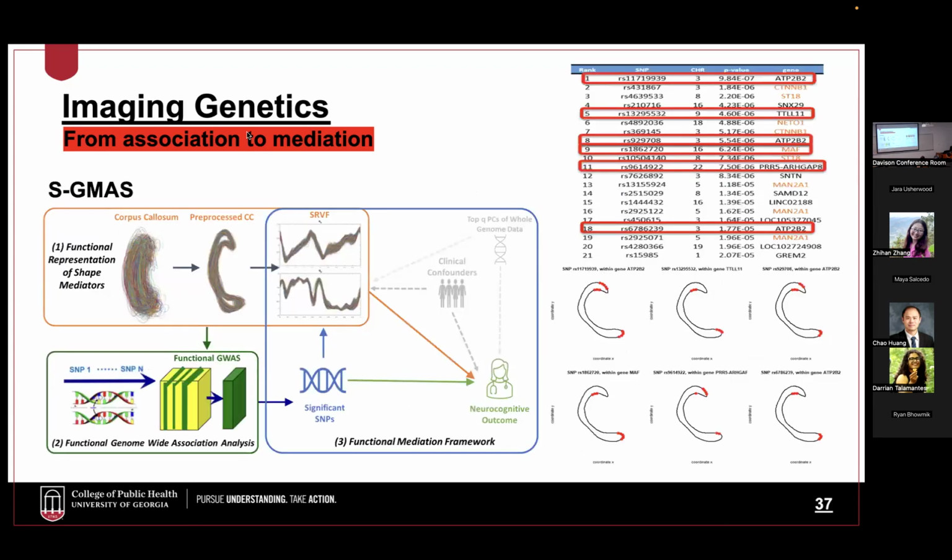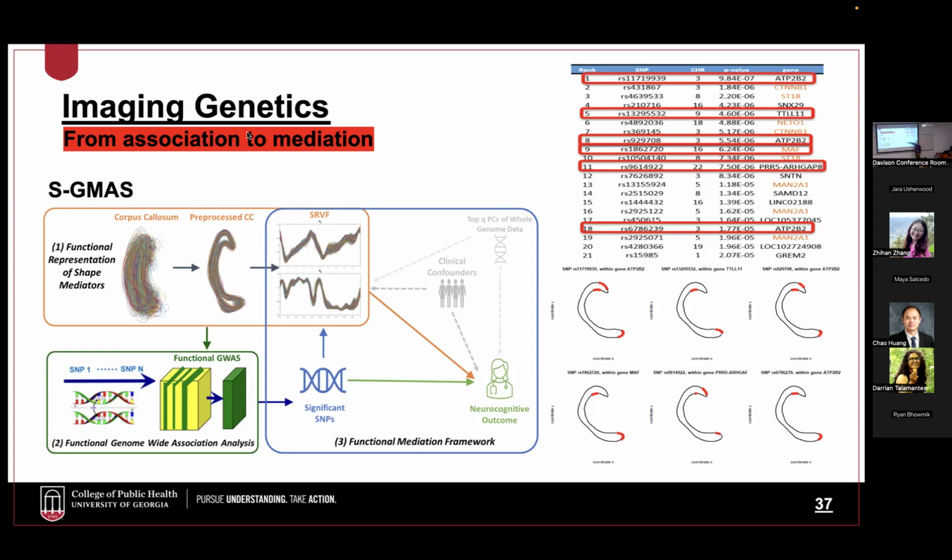So if we use these CC shapes and conduct this whole framework, we can identify 21 SNPs that have a significant effect on these CC areas. Now we go further to detect the potential pathways from the genetic markers to the clinical outcomes through these CC shapes, and we find that there are 6 SNPs that have significant pathways through these CC shapes.